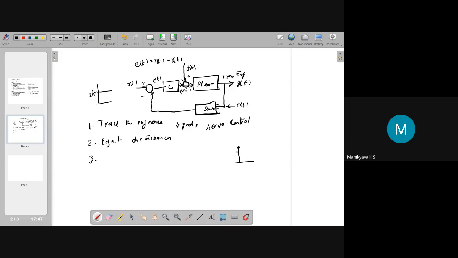That means the system is unstable. Even with a small signal, the system behaves in an undesired way. So another objective of the controller is to stabilize the plant.